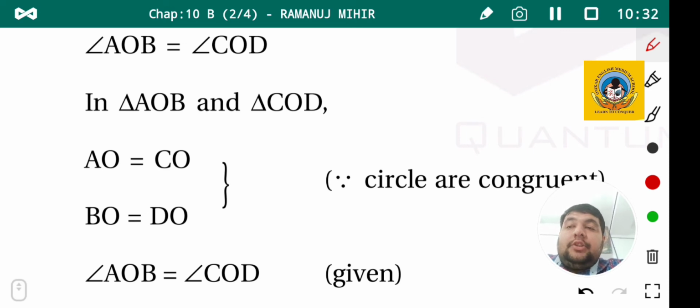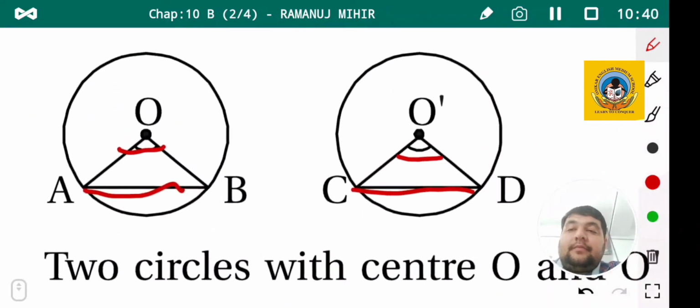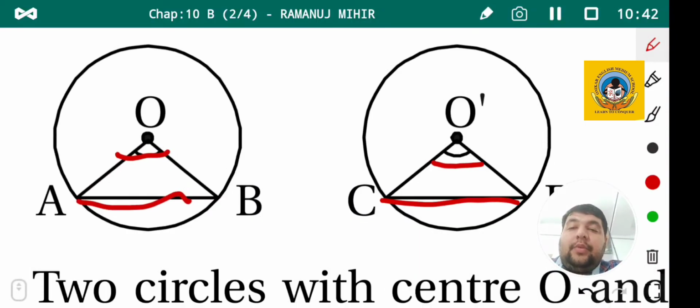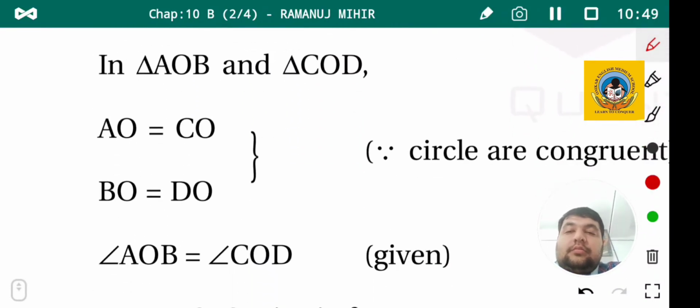Okay, so in triangle AOB and triangle CO dash D, see here, what is the same in between these two triangles?